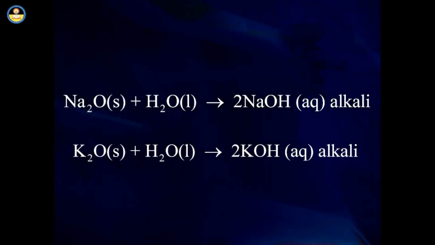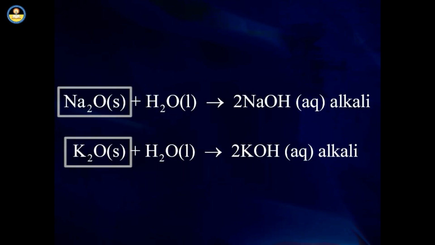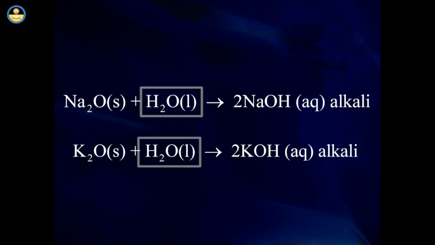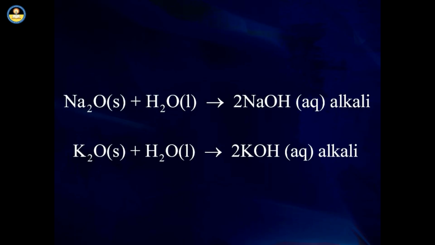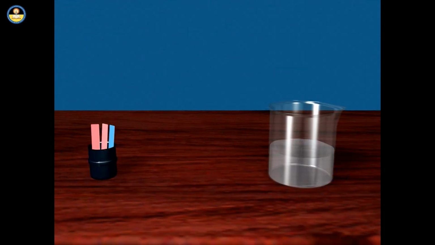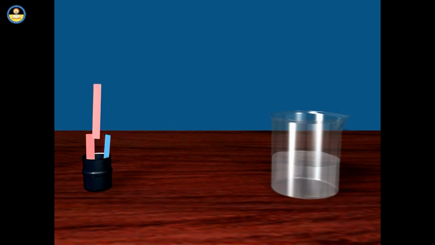The oxides of sodium and potassium react with water to form soluble sodium hydroxide and potassium hydroxide. The metallic oxides and hydroxides are highly basic in nature. Hence, they turn red litmus into blue.